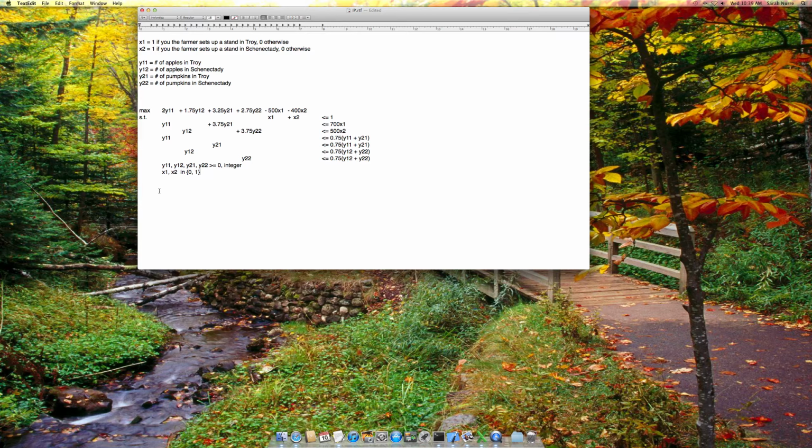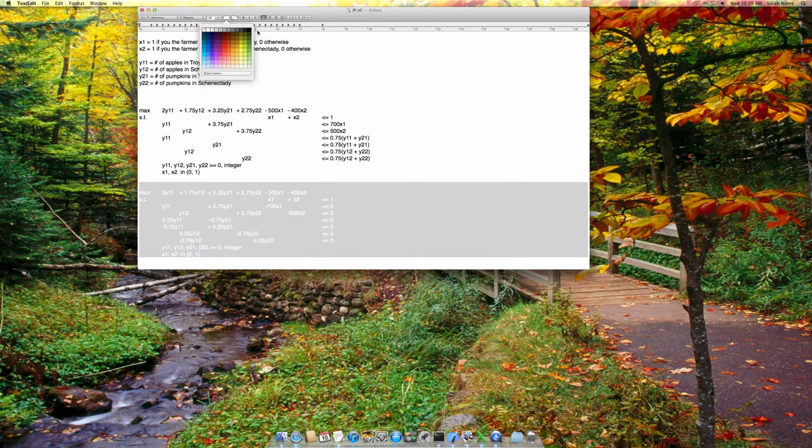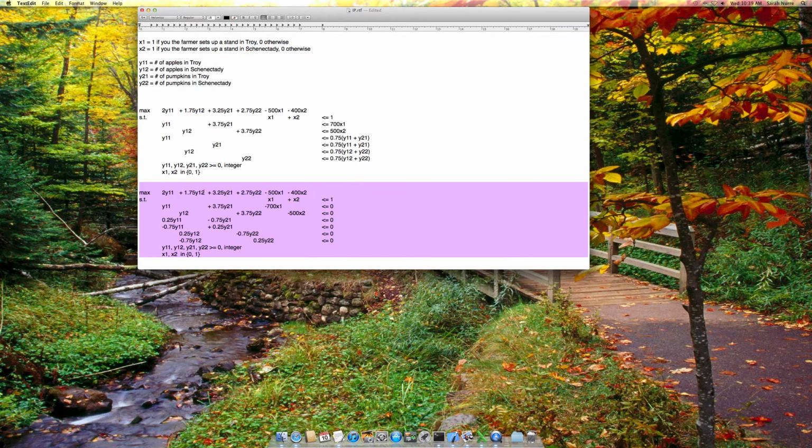And I'm just going to change it slightly to make it a little easier to put it into Excel. It's going to be the same exact equivalent IP, except I'm going to move, here I see that I have different variables on the right-hand side. So I'm just going to move these over to their appropriate column on the left-hand side.